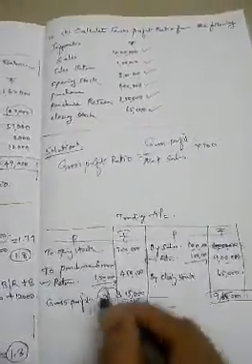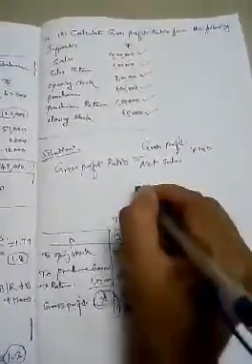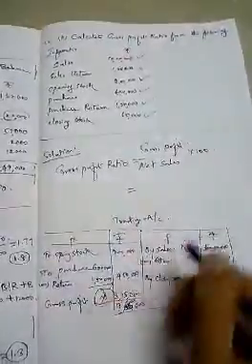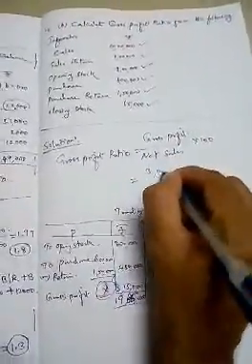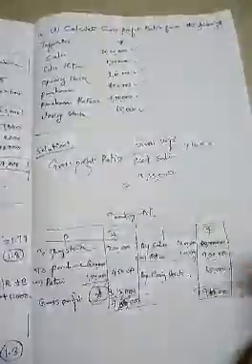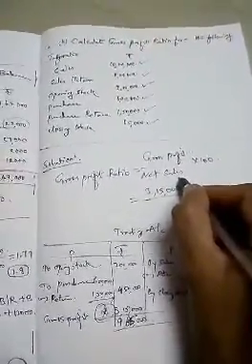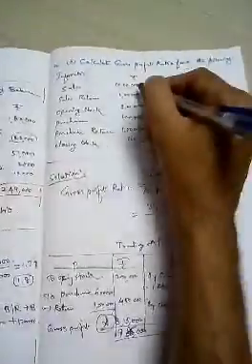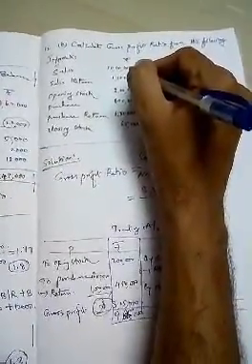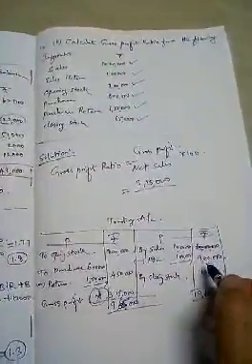So now we may use the formula. Gross profit is now calculated, 3,15,000 divided by net sales. Net sales means, do we take 10 lakh or do we take 9 lakh?